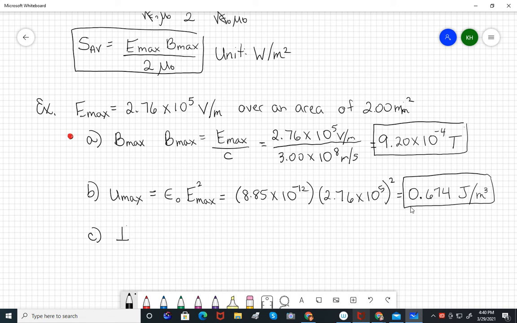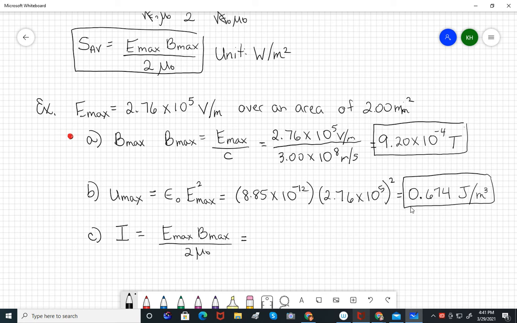The intensity. Is this an average intensity? I believe this is going to be an average intensity, so we can pick one of our average intensity formulas. I'm going to say it's Emax times Bmax over 2 mu naught.